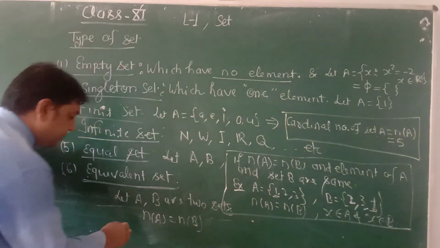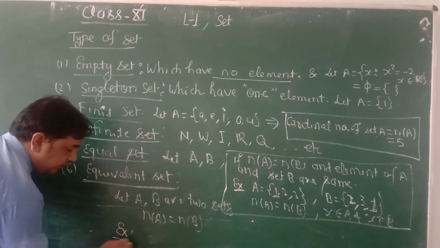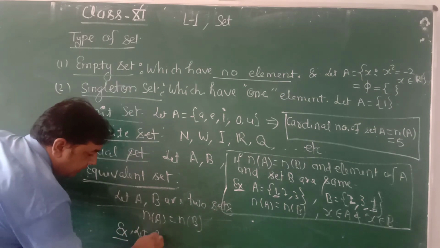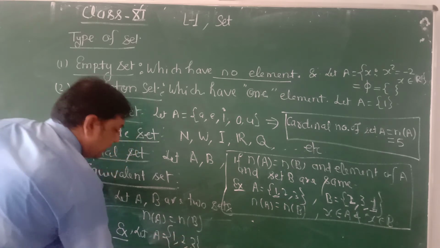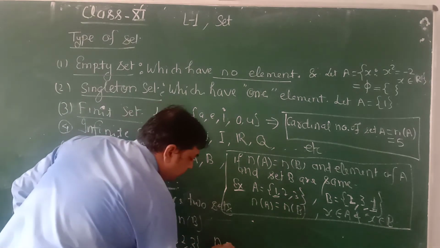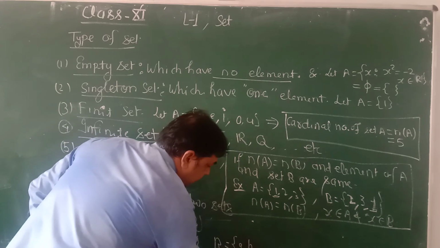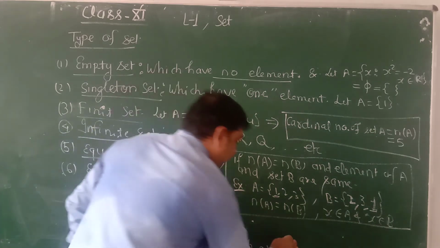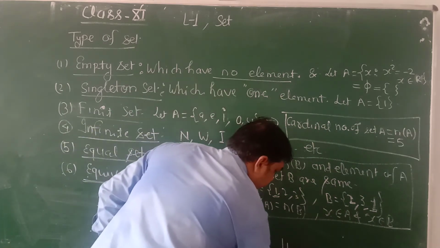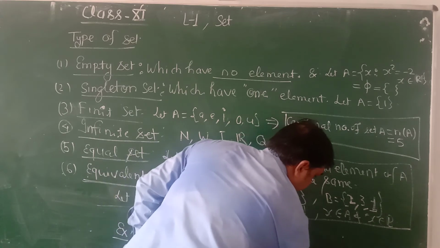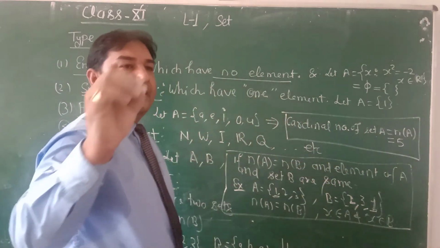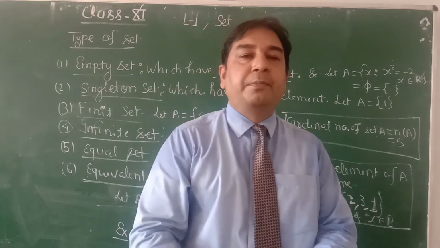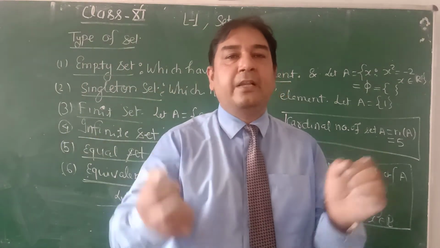For example, let A equal to {1, 2, 3} and B equal to {a, b, c}. Here n(A) equal to n(B). It means in equivalent sets you just have to check the cardinal number.